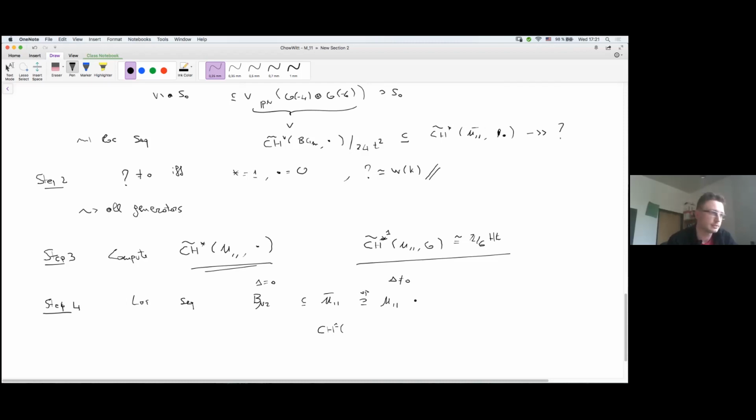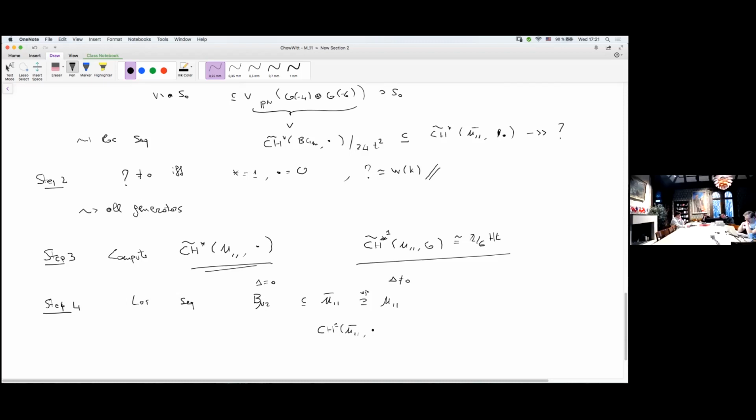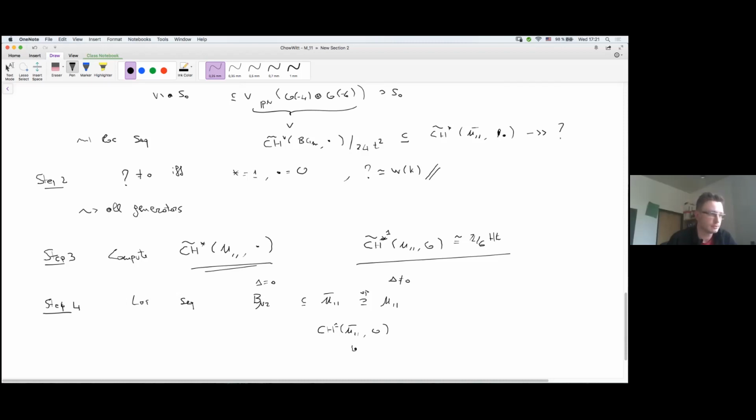Well, that class, if you choose the lift smartly, lives here, first of all. So we chose a class here in this question mark. We lift it here, choosing the lift smartly. And in bidegree 10, this class actually lives here.